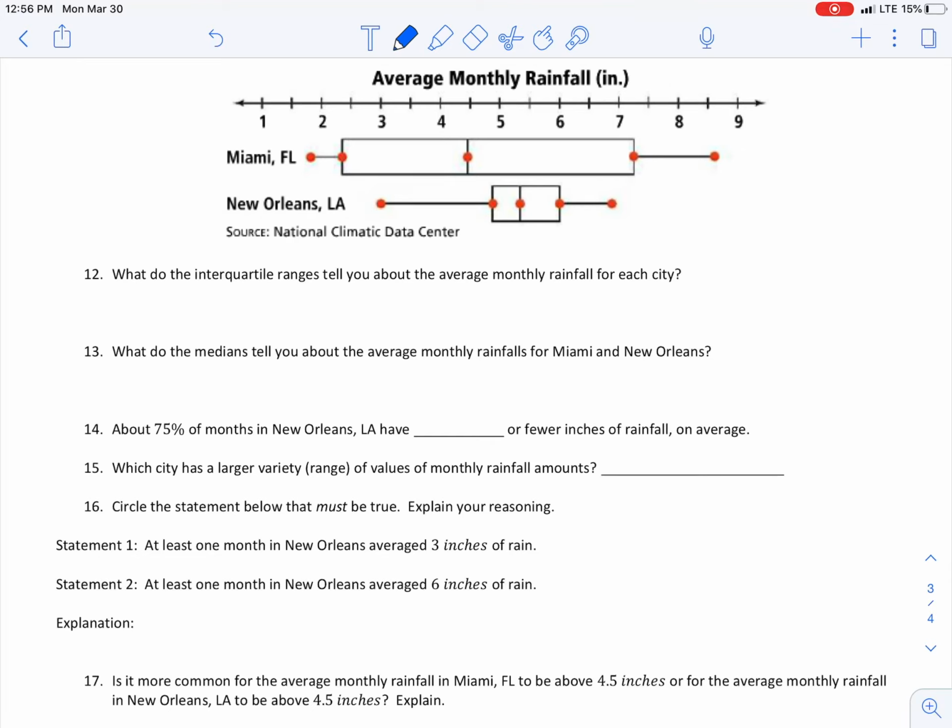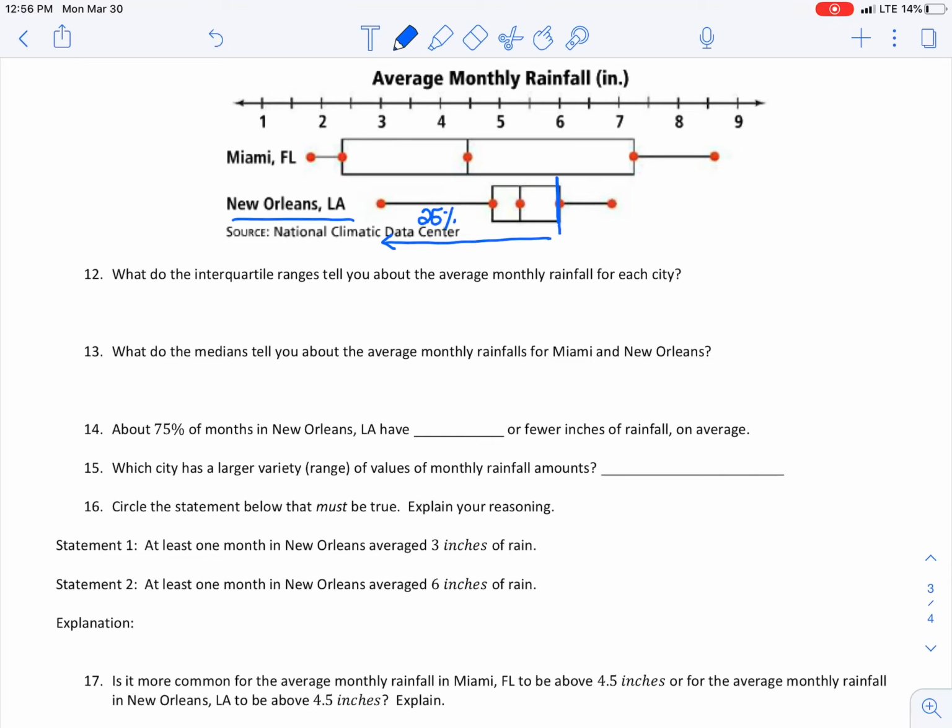About 75% of months in New Orleans have blank or fewer inches of rainfall. We're looking at New Orleans, the bottom box and whisker. So we're looking at your Q3 and below, because it's 75% of the data.